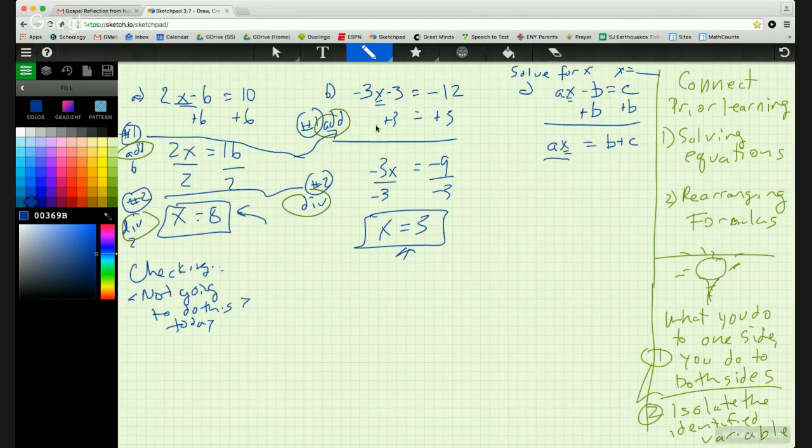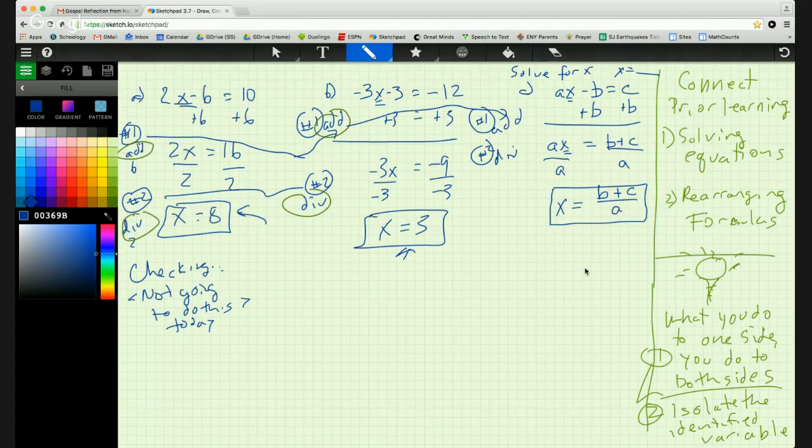Now we start by adding, and the next thing we're going to do is divide. Step 1, step 2. We divide by a. So now we get x equals b plus c over a.